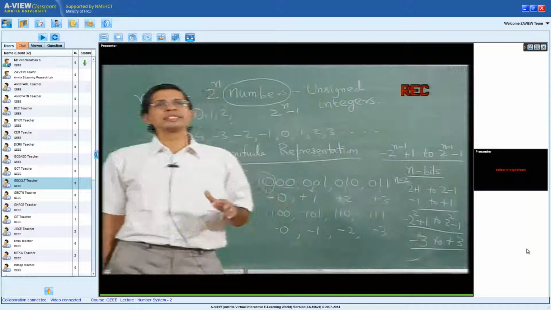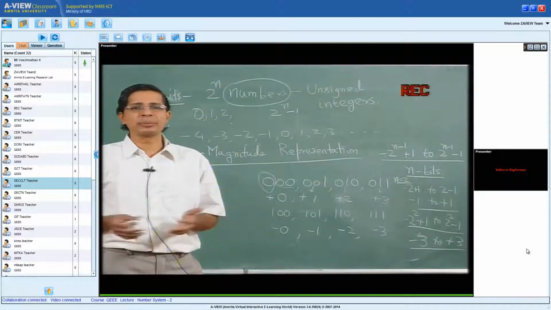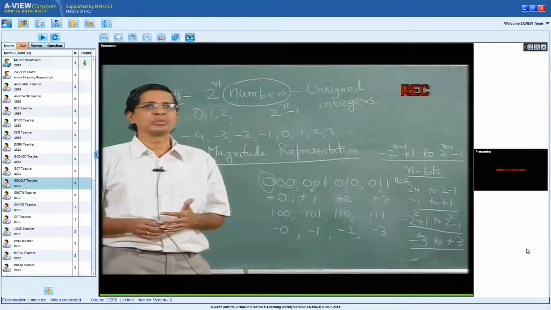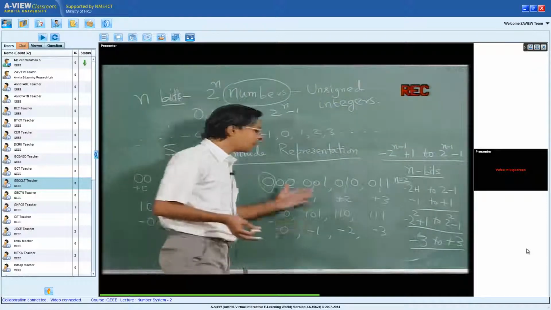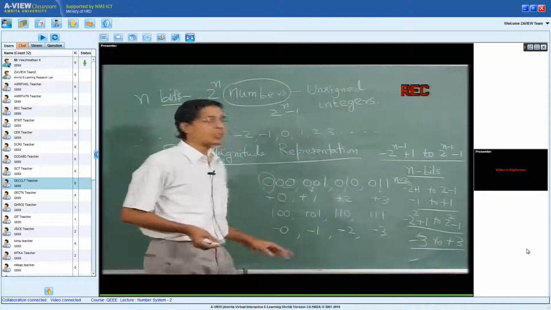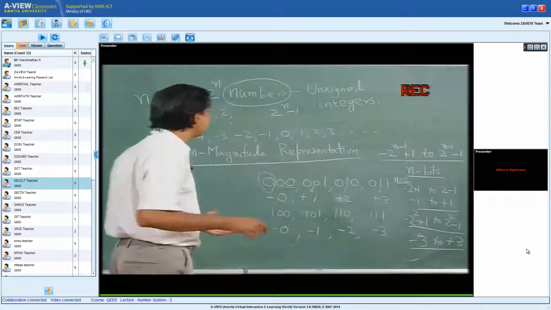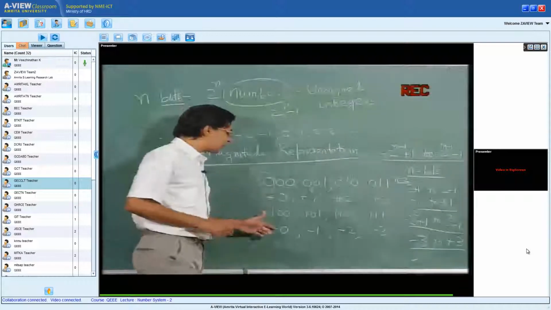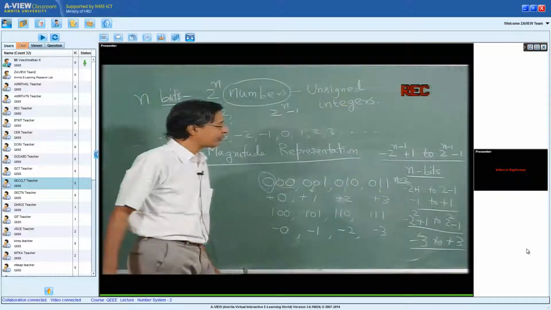There is no necessity to have a plus 0 and a minus 0 from an arithmetic perspective, because both have the same value. Unlike plus 1 and minus 1, they have 2 different values. Plus 0 is equal to minus 0. So there is no necessity for me to have different representations for plus 0 and minus 0.